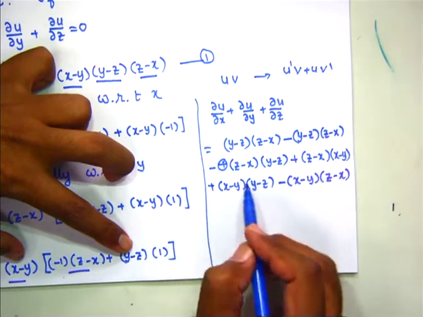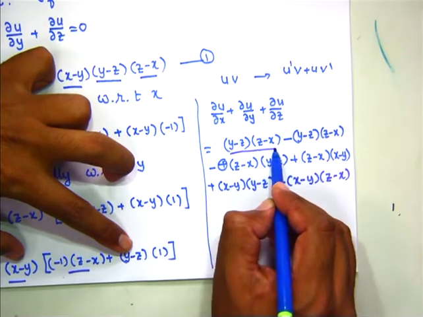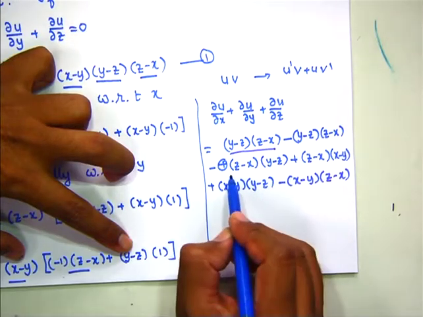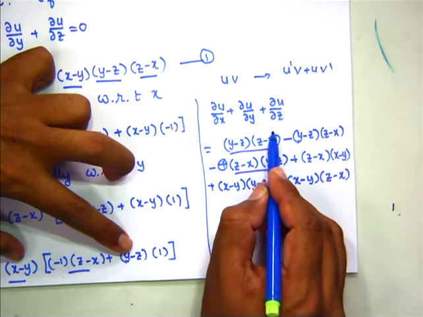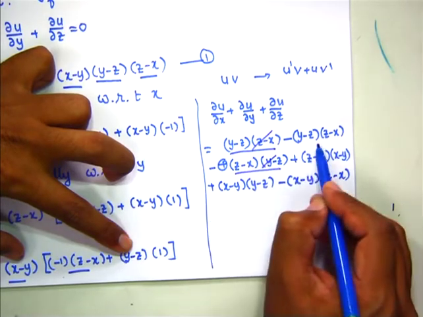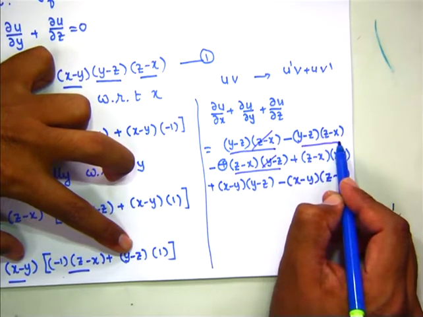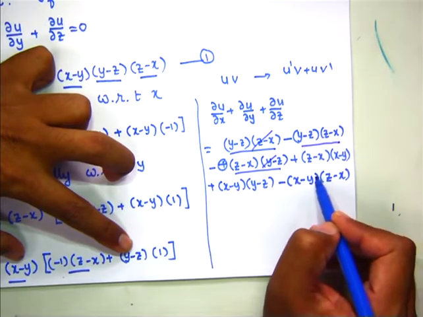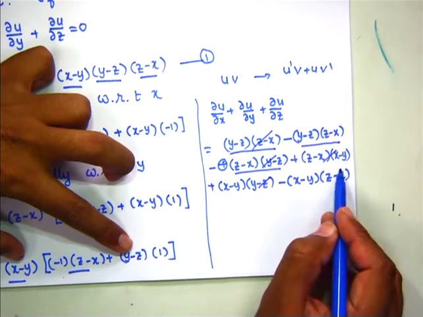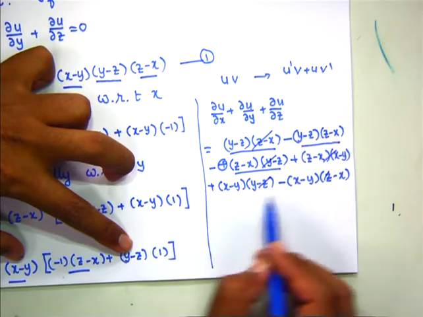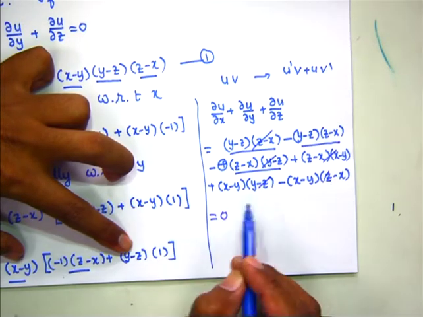So we can check this y minus z into z minus x is plus sign, and this z minus x is minus sign, so they will cancel with each other. Here y minus z and z minus x is cancelled with this, and these two will be cancelled out. Okay, so ultimately we get 0.